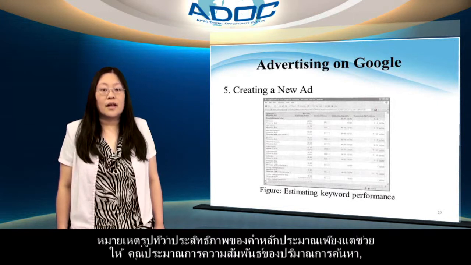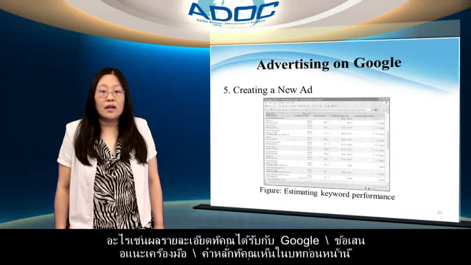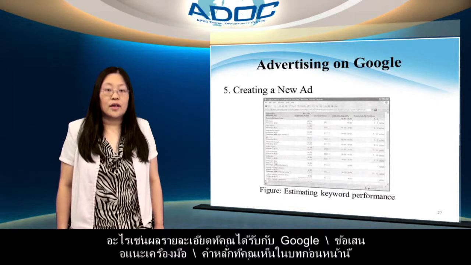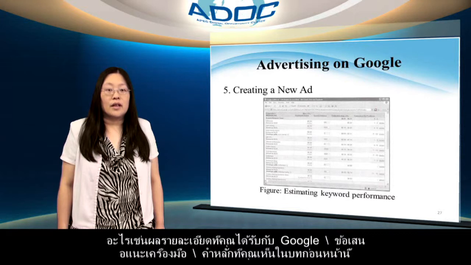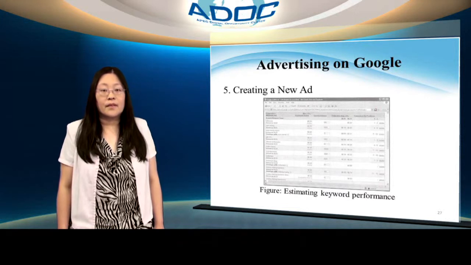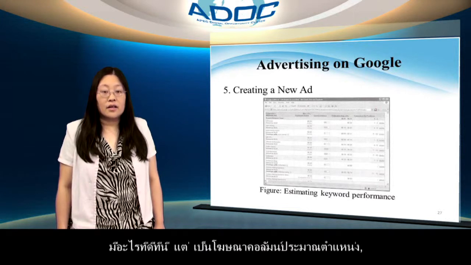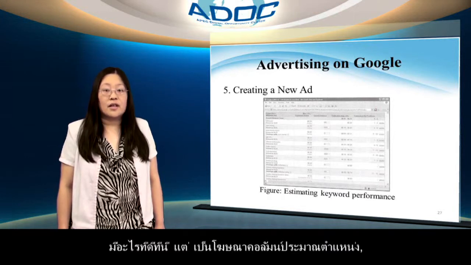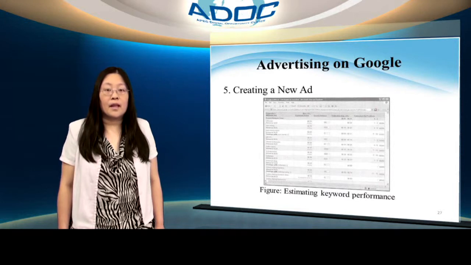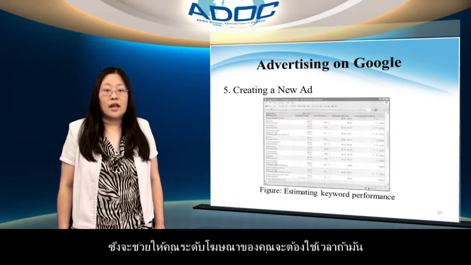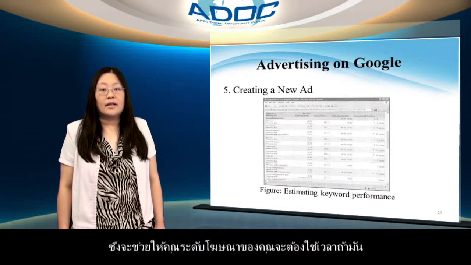Note that the figure, estimating keyword performance, only gives you a relative estimate of search traffic. Nothing like the detailed results you get with the Google keyword suggestion tool you saw in the previous chapter. What's good here, however, is the estimated ad positions column, which gives you the level your ad will be at.